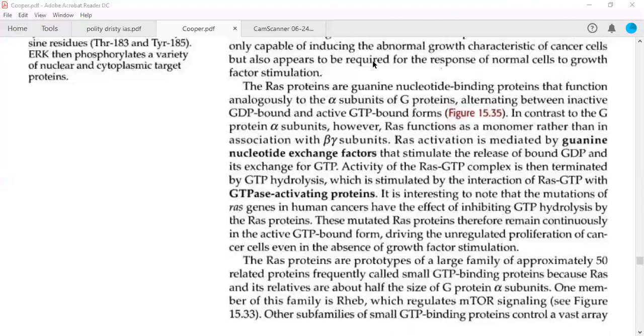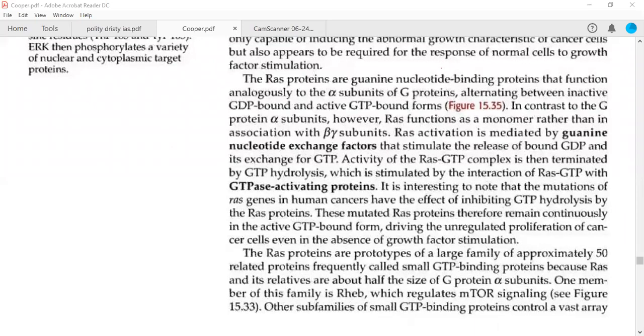Okay, Shreya is asking something. When this RAS protein is activated, it activates the RAF protein, yes. Then does RAS use GTP to activate RAF? Yes, because RAS in its GTP bound form is the active state.